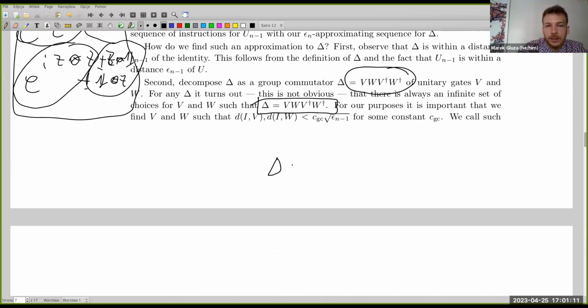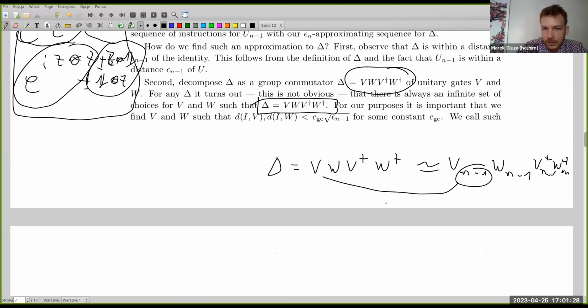So now we have delta = V W V dagger W dagger. This is approximately V_{n-1} W_{n-1} V_{n-1} dagger W_{n-1} dagger. When we have this, it means that we are approximating it. So we have some delta tilde, and basically our new updated approximation is delta tilde U_{n-1}.